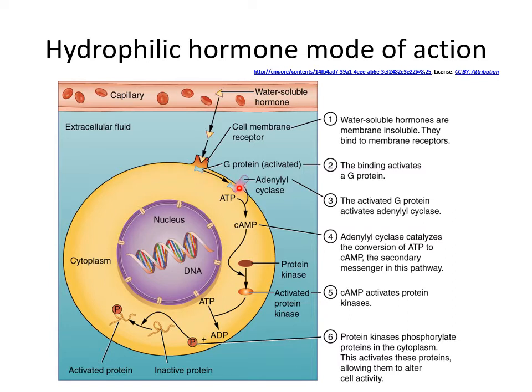The G protein will activate an enzyme called adenylyl cyclase. What adenylyl cyclase does is take ATP, adenosine triphosphate, and convert it into cyclic AMP. And cyclic AMP will then do a host of things inside the cell.